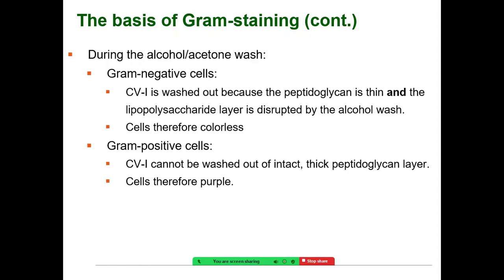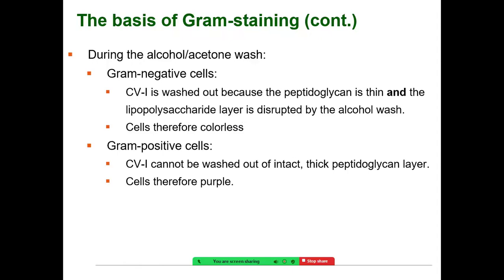The lipopolysaccharide layer is actually disrupted by the alcohol wash, and the lipopolysaccharide layer washes away. The cells, therefore, are colorless as the crystal violet iodine comes out of the cells.